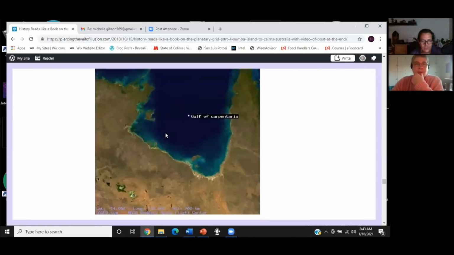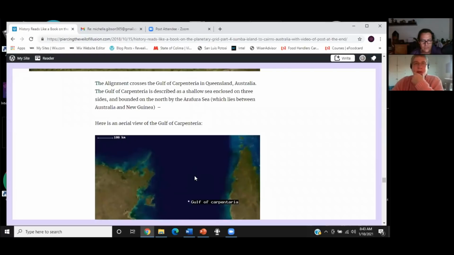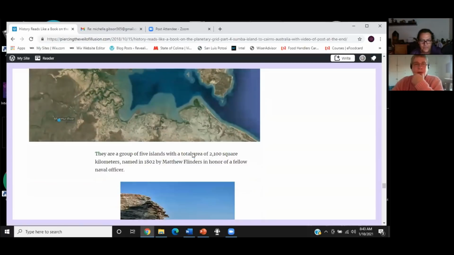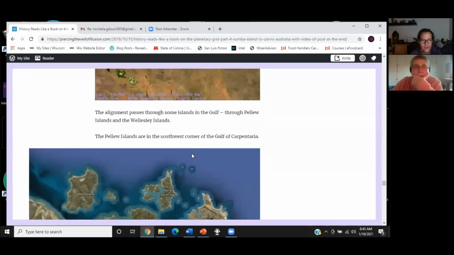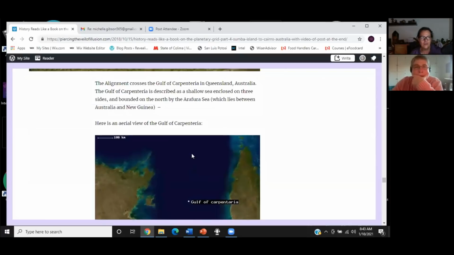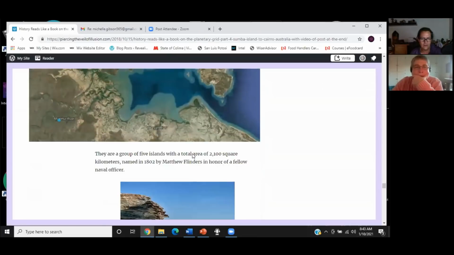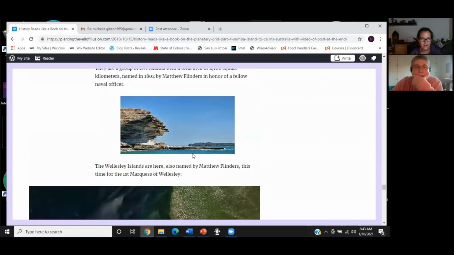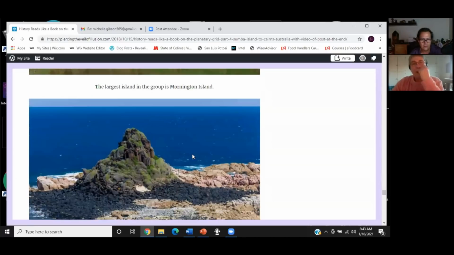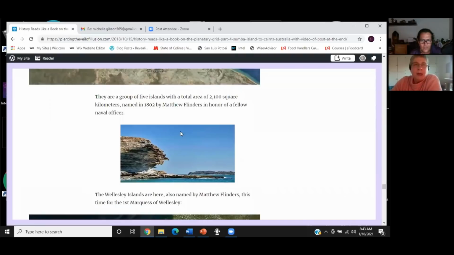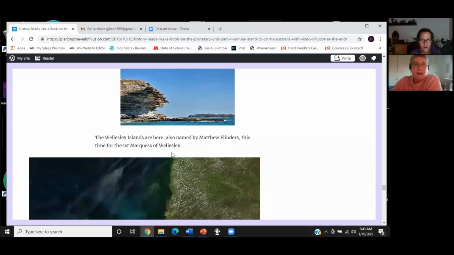And then of course we get the Gulf of Carpentaria, named for, let's see. I thought maybe I had how it got its name, but I have Matthew Flinders coming through here. And the Wellesley Islands are named for a friend of his.